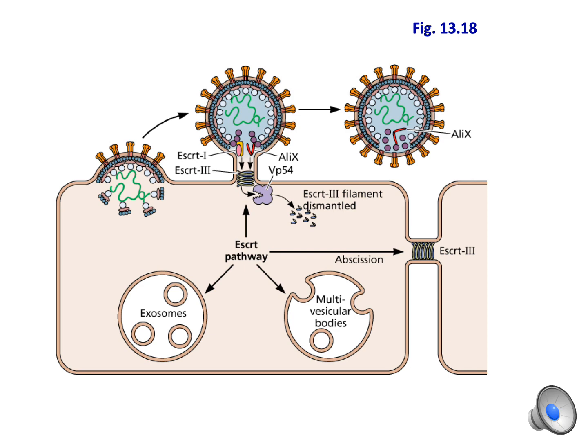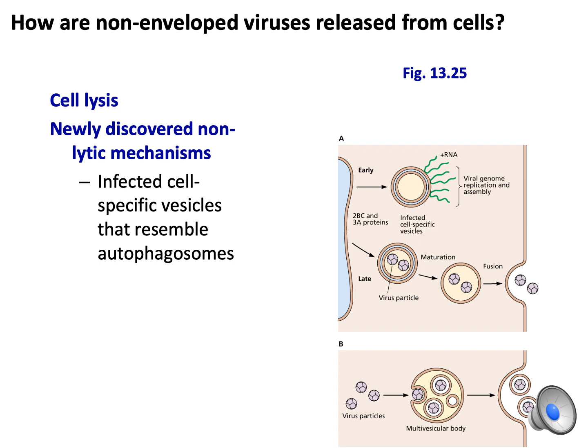So then I have the last slide, which has to do with, we've talked now about how enveloped viruses bud from cells. How do non-enveloped viruses get released from cells? And that is actually still pretty much a mystery. A couple of things we know.